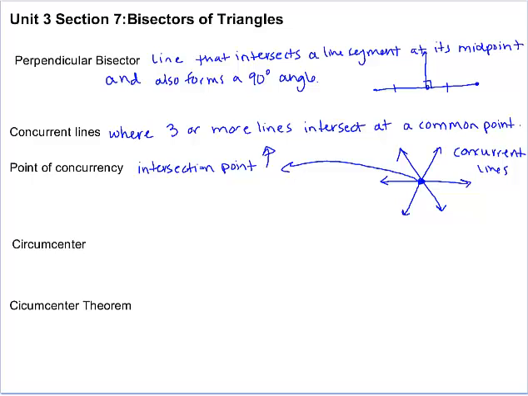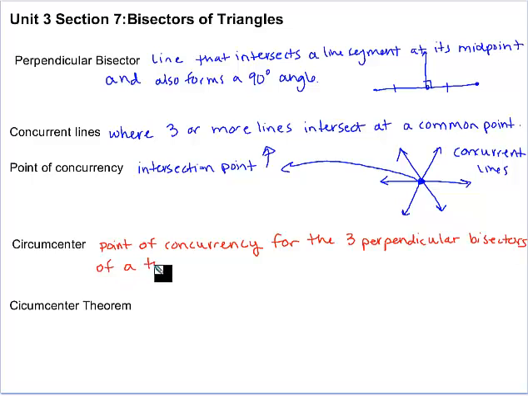The circumcenter is the point of concurrency for the three perpendicular bisectors of a triangle. So I'll sketch this out. Here's a triangle. And so we need to draw the three perpendicular bisectors of each side.